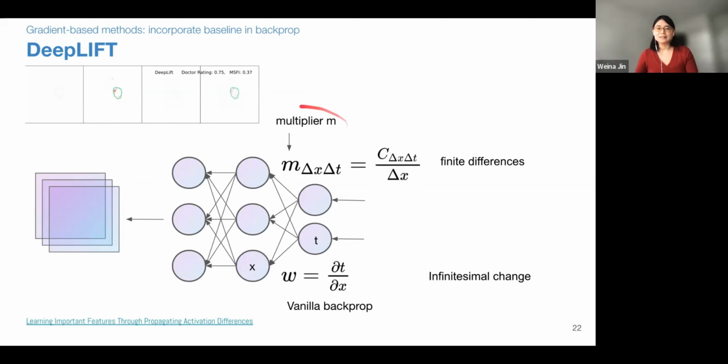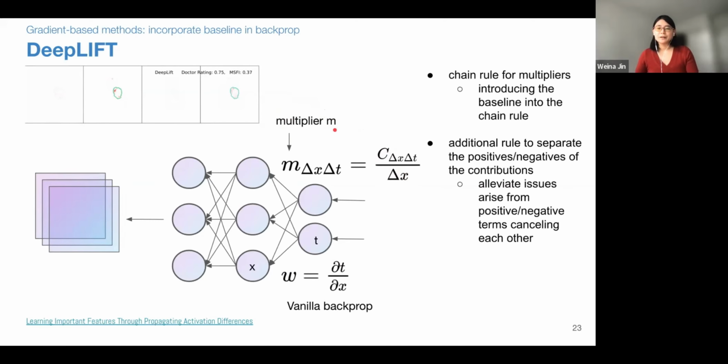They call it a new multiplier m, and they also devise some calculation so that the multiplier m can also be calculated using the chain rule. So this is the DeepLIFT idea from a high level. They try to incorporate the baseline into the backpropagation calculation.